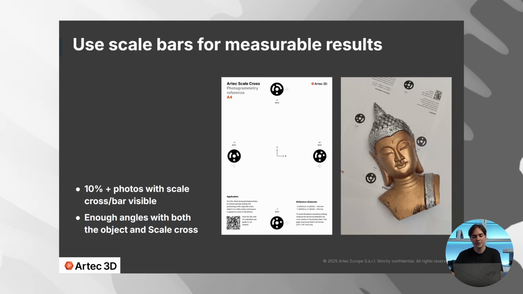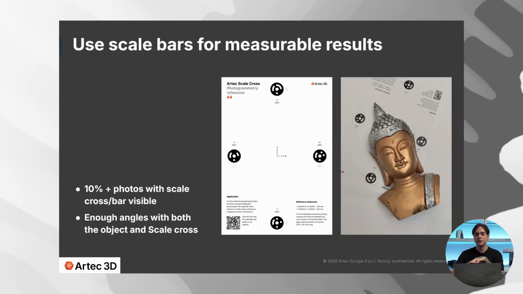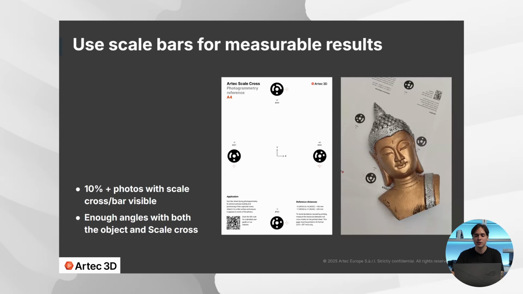We have it available in both A4 and US letter formats, so you can use your printer to print it out. Then you place it in your scene next to your object or underneath your object so that the targets are clearly visible. If you take a look at the image on the right, you can see this Buddha figurine next to those targets, and you could see that all 4 targets are clearly visible.